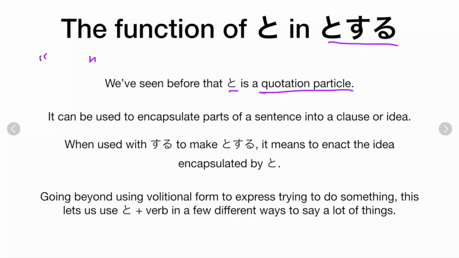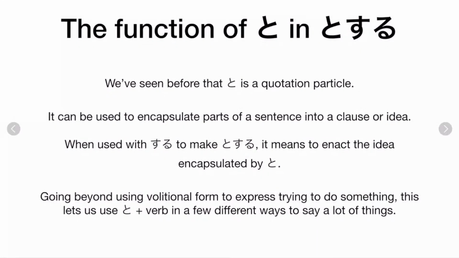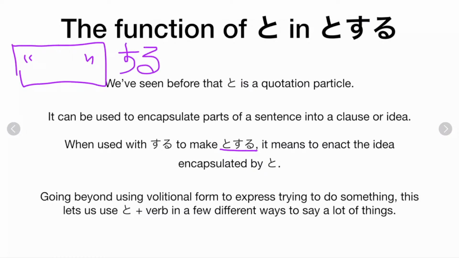We take whatever the idea is before and we put it in a box. There we go. So when we say to suru, we take this idea that we have and we put it in a box, and we're going to try doing what is in the box. Okay? So we encapsulate the idea. We put it in a capsule.